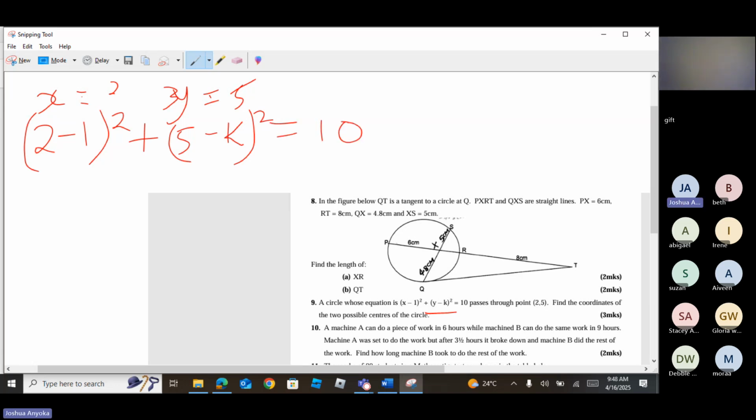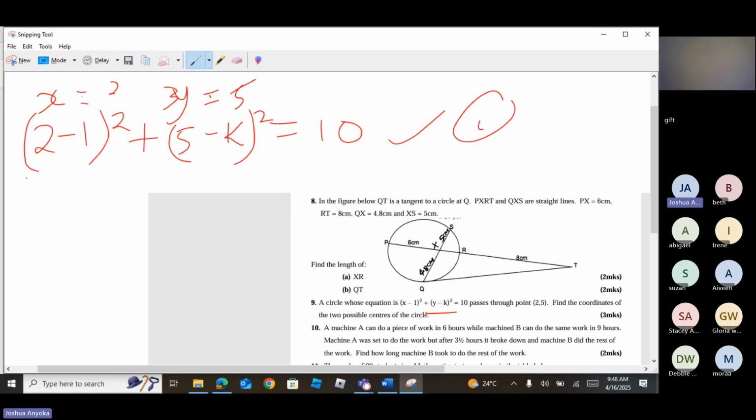So that's the first substitution. And even if you don't know exactly what is going on, at this stage you are getting 1 mark for correct substitution. After substitution, I want you to work out until you get a quadratic equation.